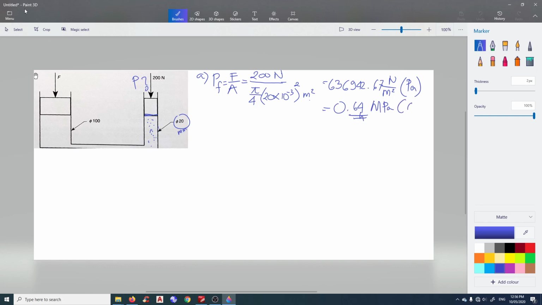And this is a gauge pressure. Remember last week when we discussed the gas process, everything was in absolute. Now for the fluid we use just gauge pressure. So that's question A. So this is the fluid pressure.